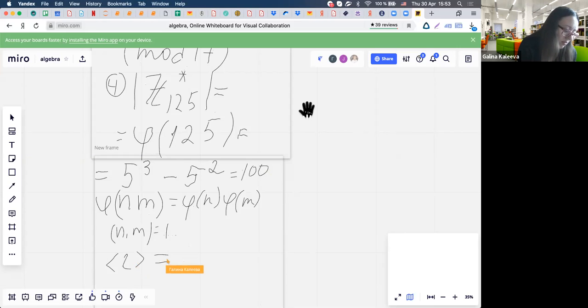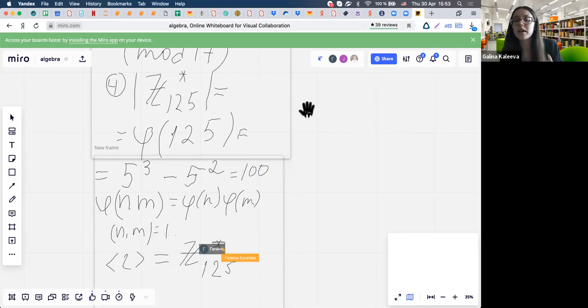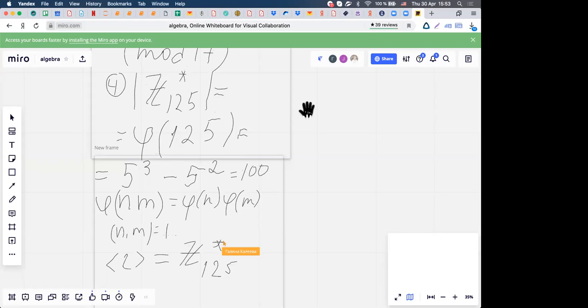Then, knowing that this group is cyclic and isomorphic to a cyclic group of order 100, you easily find all the generators of a cyclic group of order 100 in additive notation and map them into the powers of 2. And you can list all the generators of our group. Is this plan clear to you? Yes, it's clear. Okay, nice.